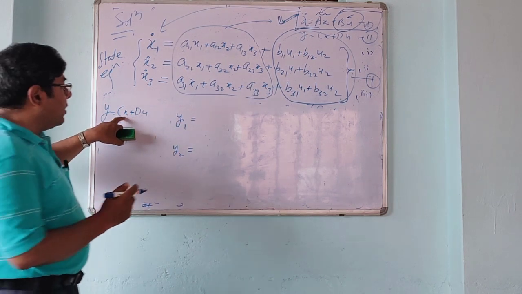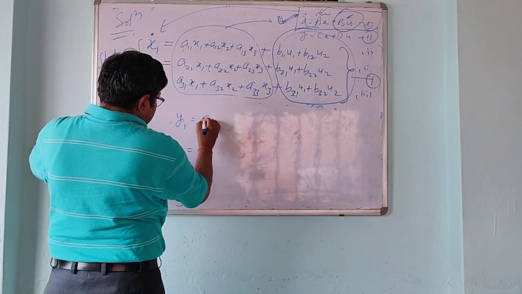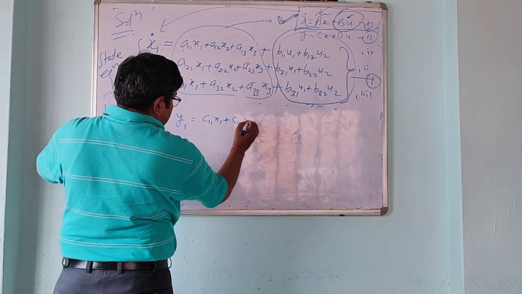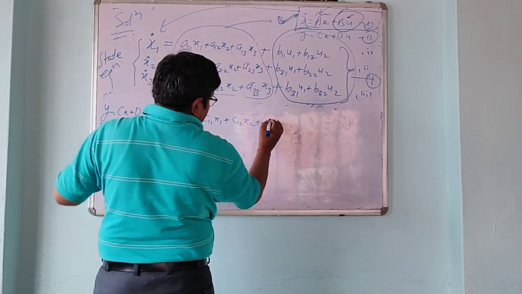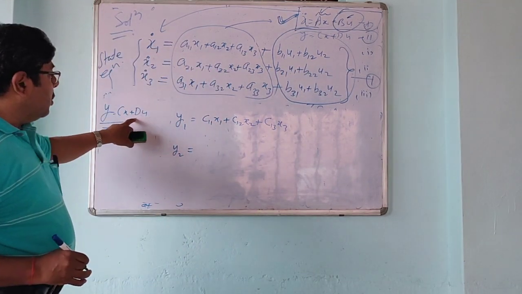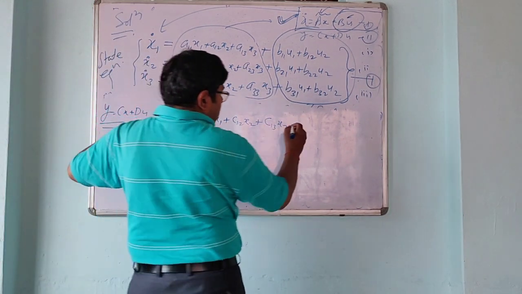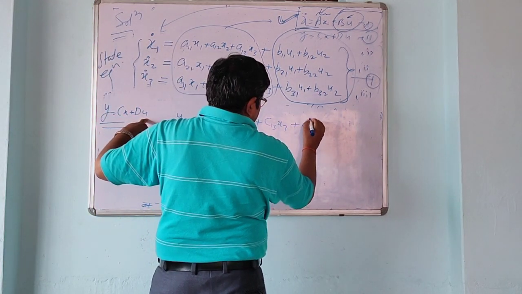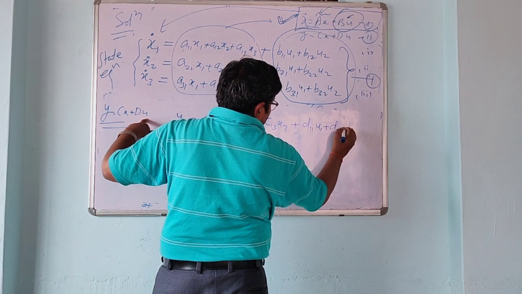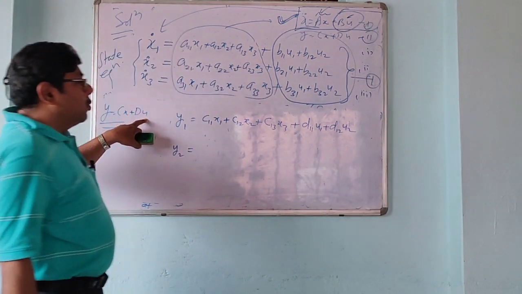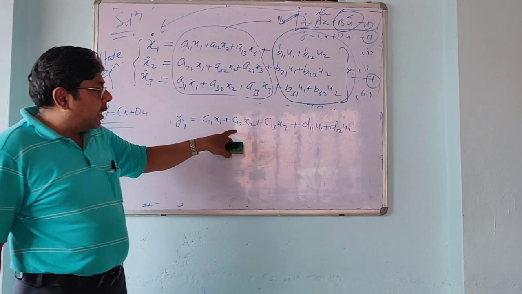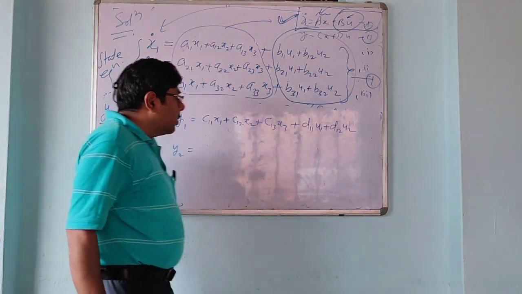So for the three states we can write it like this: C11 x1 plus C12 x2 plus C13 x3, plus two inputs. We have two inputs, so you can write D11 u1 plus D12 u2. So this is the first output equation in terms of three states and two inputs.